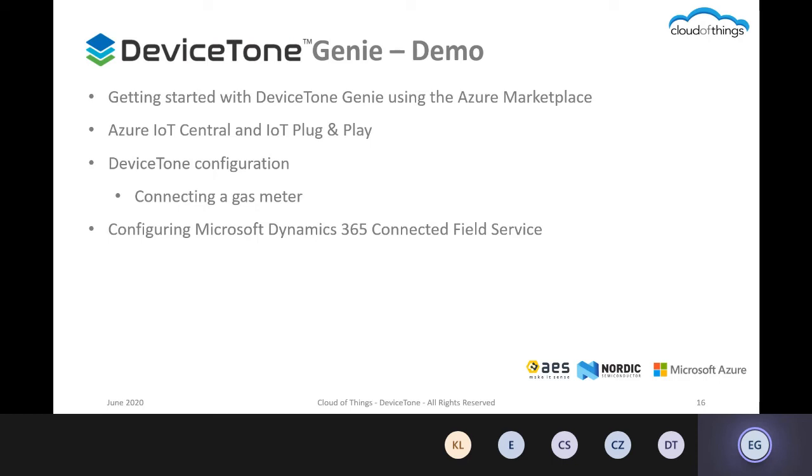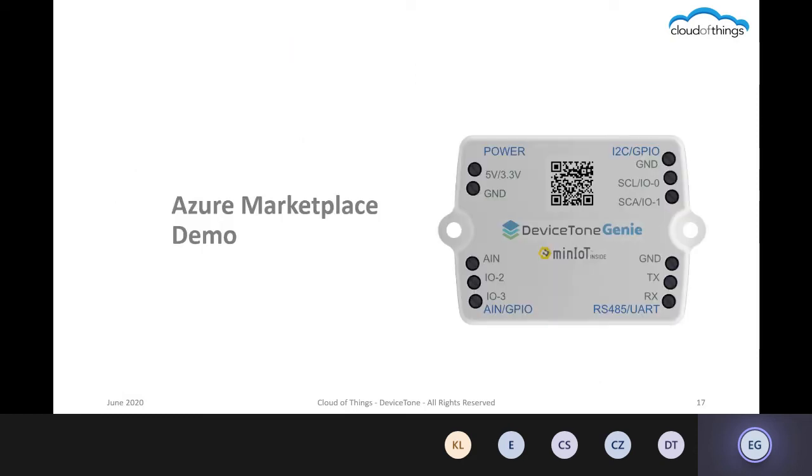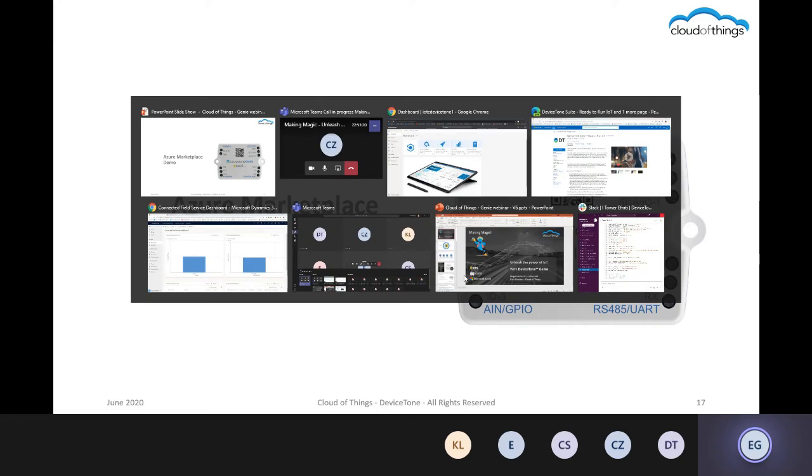And eventually, we will look at Dynamics 365 and we'll see how connected field service works. So overall, what we will demo today is how we take a meter and connect it to Dynamics. And this is like an end-to-end solution in maybe 5 to 10 minutes of configuration. So it's super exciting.